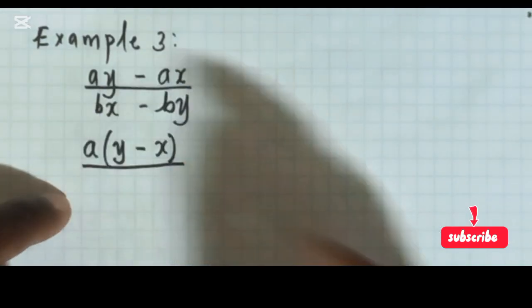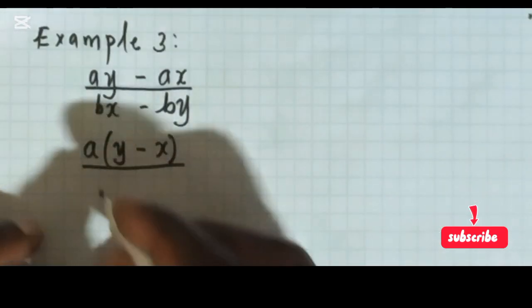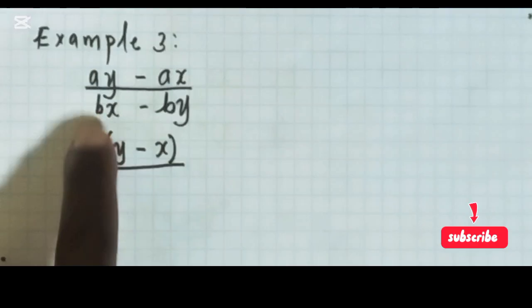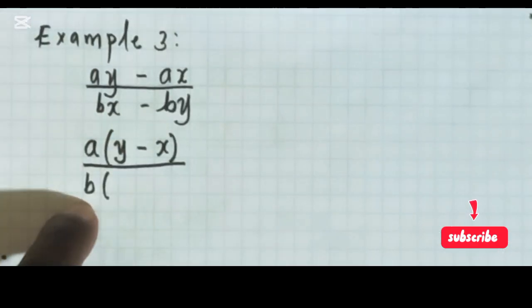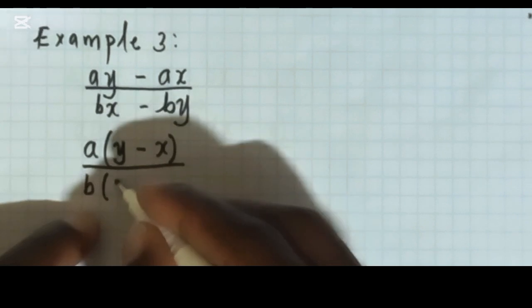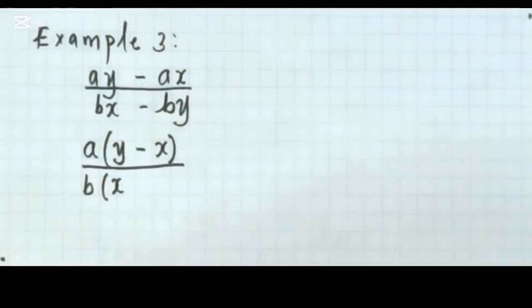Our denominator, we also have a common factor, that is b. So when we factor that b out, we are going to have within the bracket bx divided by b, and that will give us x, as b and b will cancel each other out.